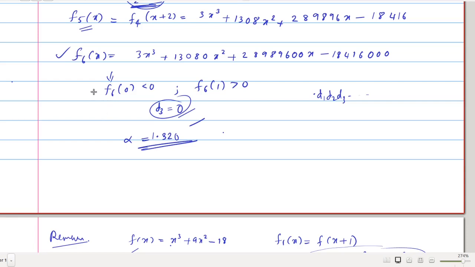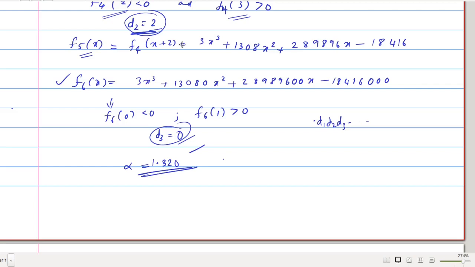In a similar fashion, you can evaluate f5 of x and f6 of x, and similarly you can find the two consecutive integers between which the root lies. Then f6 of 0 is less than 0 and f6 of 1 is greater than 0, so the root of this equation lies between 0 and 1, and the corresponding digit d3 will be 0.